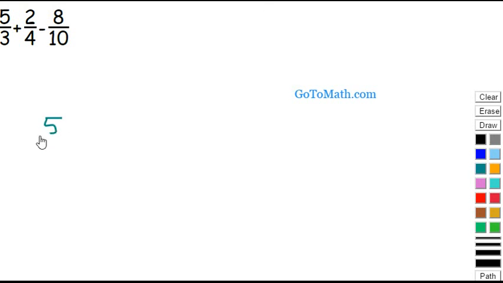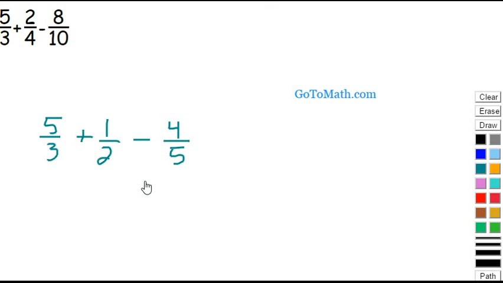So we got 5/3 plus, now 2/4, that'll reduce down to 1/2, right? 2 goes into 2 one time, 2 goes into 4 2 times, minus, let's reduce this guy down, 2 goes into 8 4 times, and 2 goes into 10 5 times.